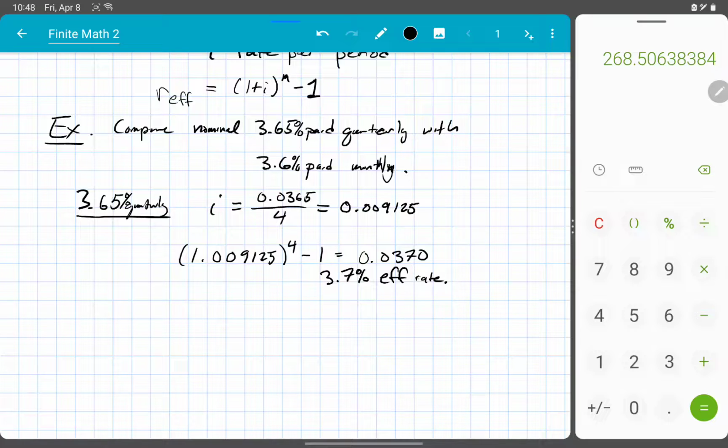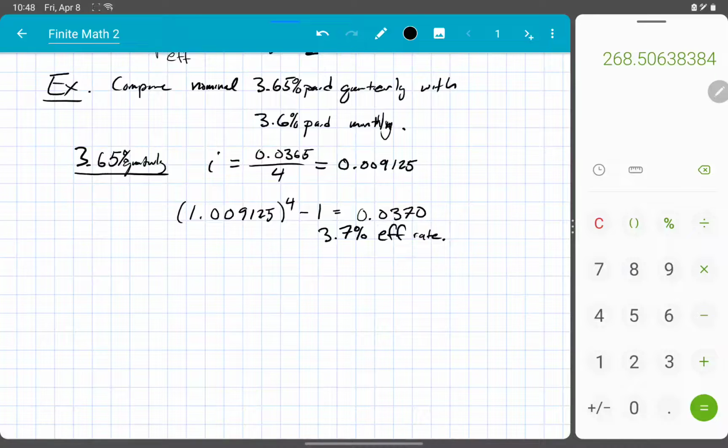Now, 3.6% compounded monthly, well, 3.6 is a lower nominal rate than 3.65, but perhaps the extra compounds might allow it to catch up to this 3.7% effective. So we have to see whether that's the case. So we do another calculation.